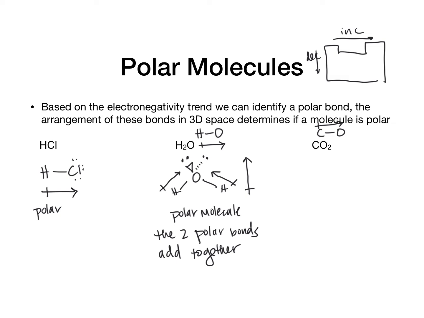So let's think about CO2. It also has a carbon-oxygen bond, or this one has a carbon-oxygen bond. And the question is, is this going to be polar? So our Lewis dot structure or our VSEPR structure, they have the same structure. Looks like this. So when we orient our polar bonds, it turns out that they point in opposite directions.